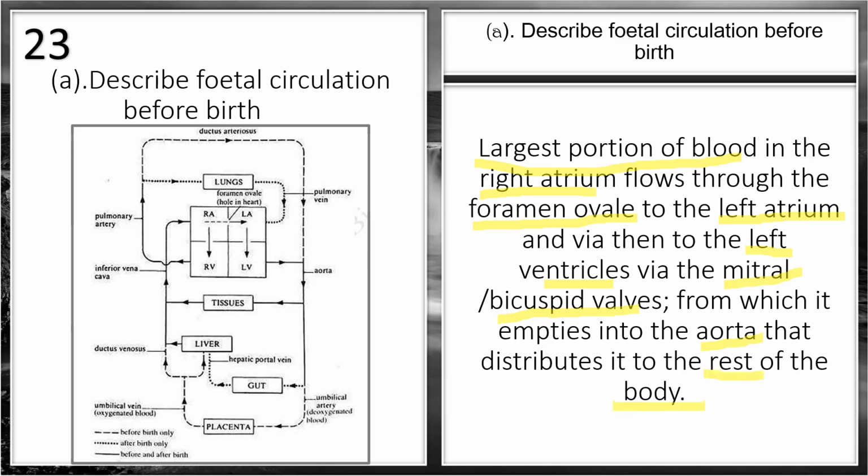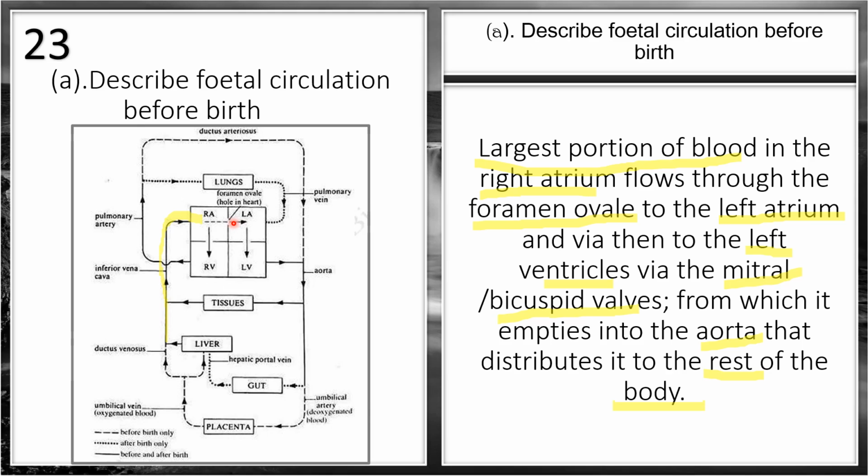So when our blood comes via the ductus venosus and enters into the right atrium, it will enter through the foramen ovale, this gap left between the right atrium and the left atrium.